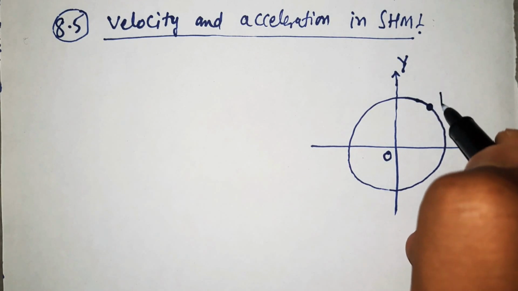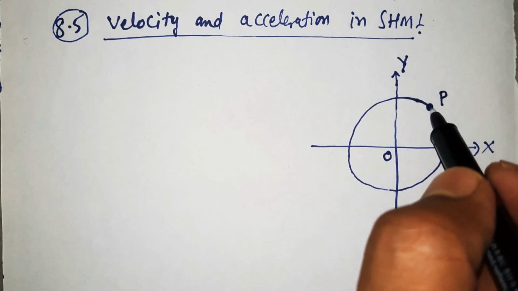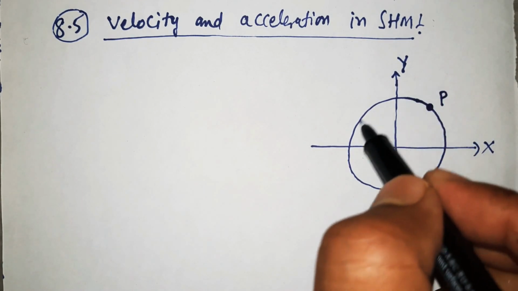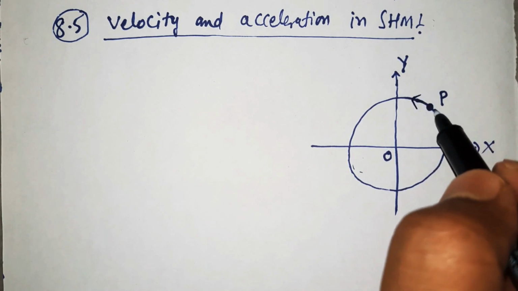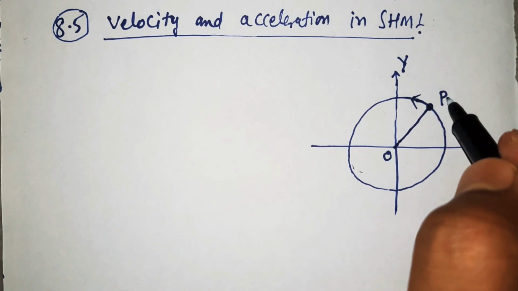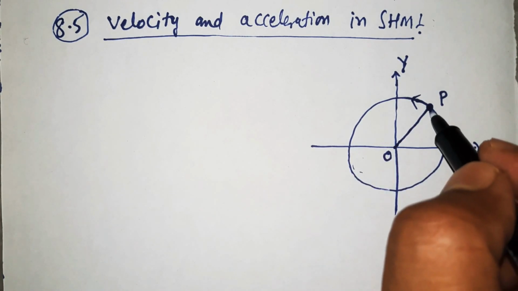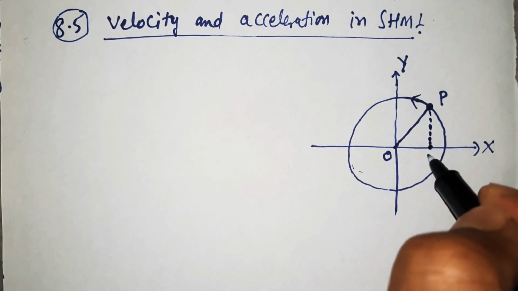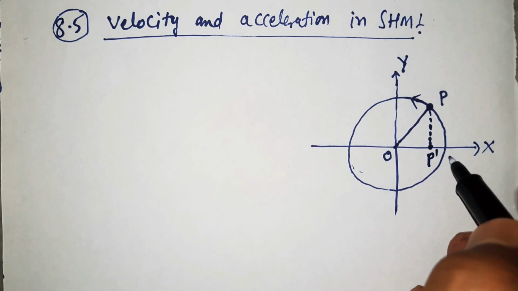Here particle P moves on the circumference of a circle in anti-clockwise direction. The projection of particle P on x-axis is P dash.